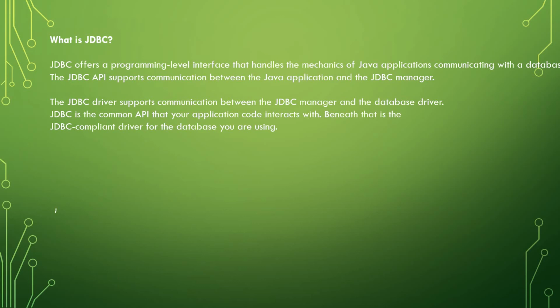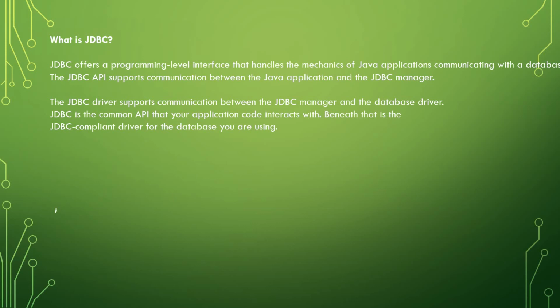JDBC is a common API that our application code interacts with. With that API, it will go to the database driver through JDBC. JDBC is an API which connects with the JDBC manager and the database driver. We need a JDBC compliant driver for the database you are using.